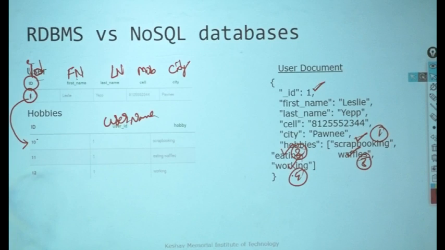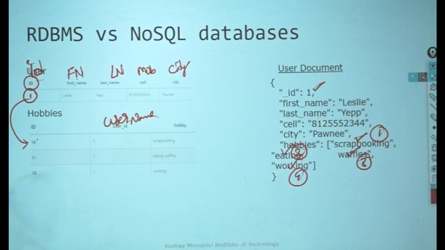I'm not saying the others are not general hobbies except scrapbook and waffles. Working is a mandatory thing, not a hobby. Yes, we can hold more than that, instead of storing different IDs for different hobbies as in MySQL.